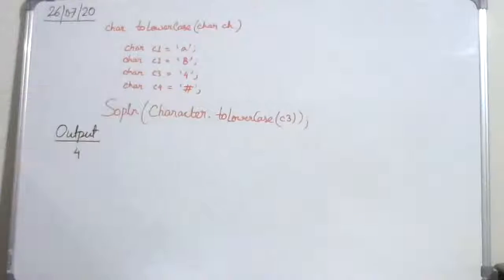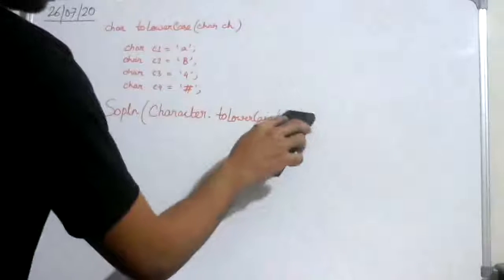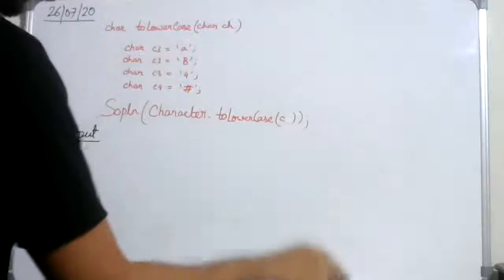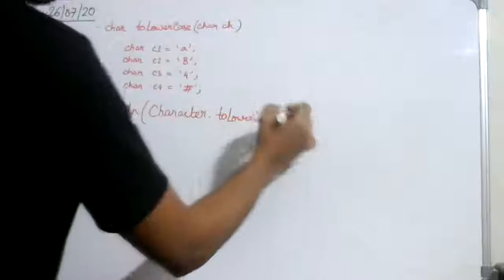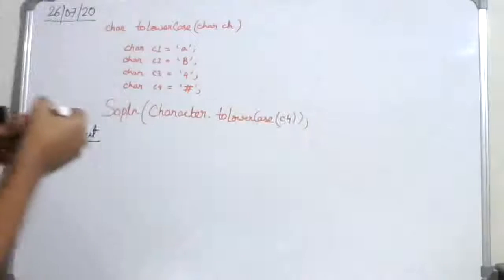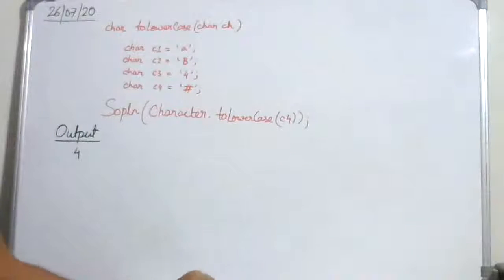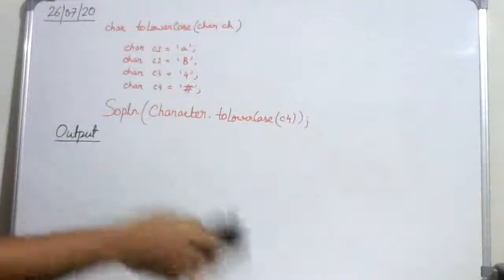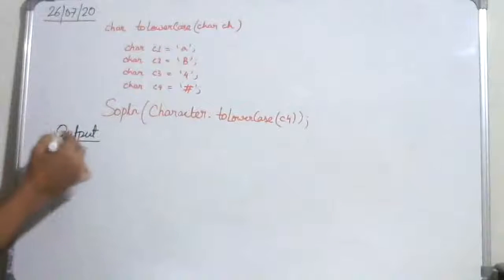Similarly, if we pass the value C4 to the function, it will do the same thing again. C4 does not have a letter, it has a symbol, the pound sign or the hash sign. What happens is it returns the value as it is.